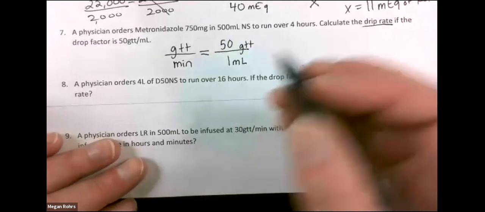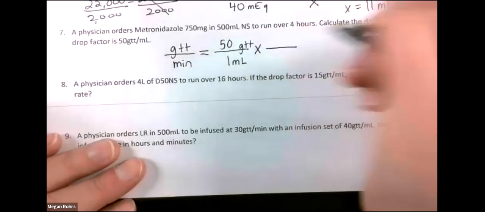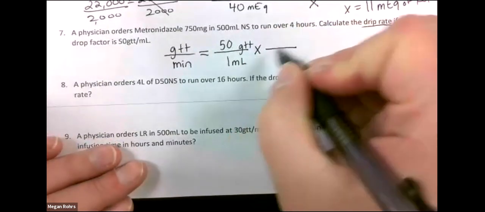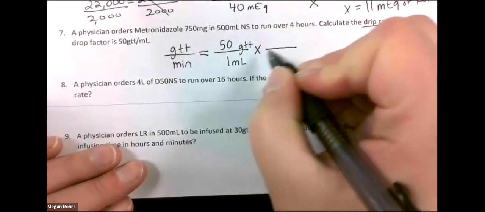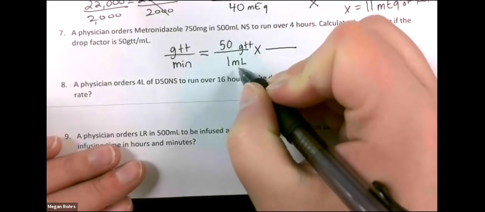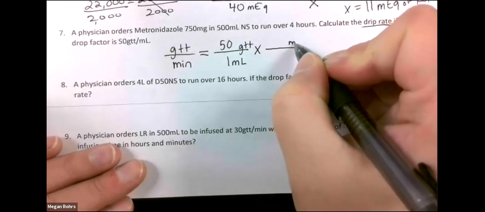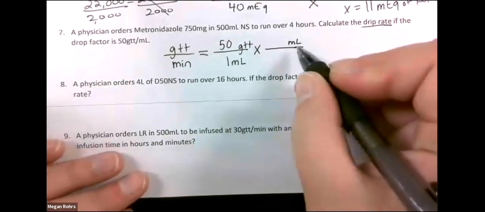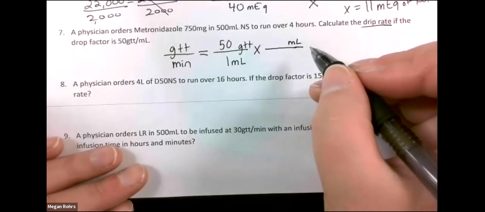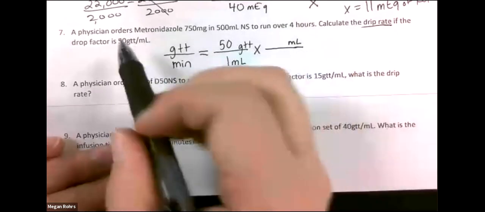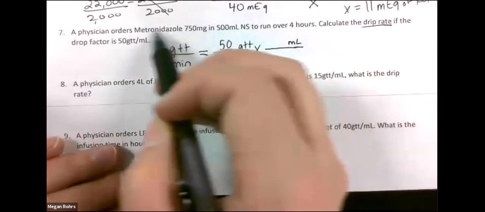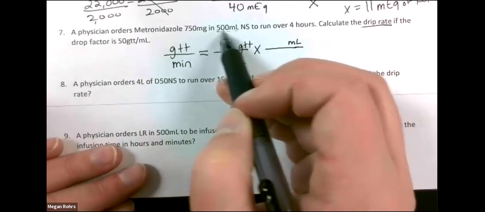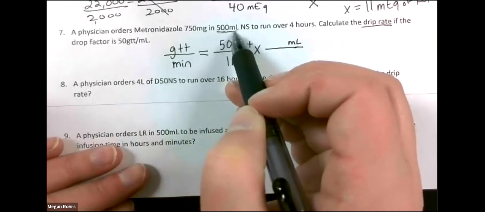Now, the next thing to do, set up your next fraction to where your numerator here is the same as your denominator of the first fraction. So we want to have milliliters up top. The only thing we know about milliliters that's given to us is that our bag is 500 milliliters total.